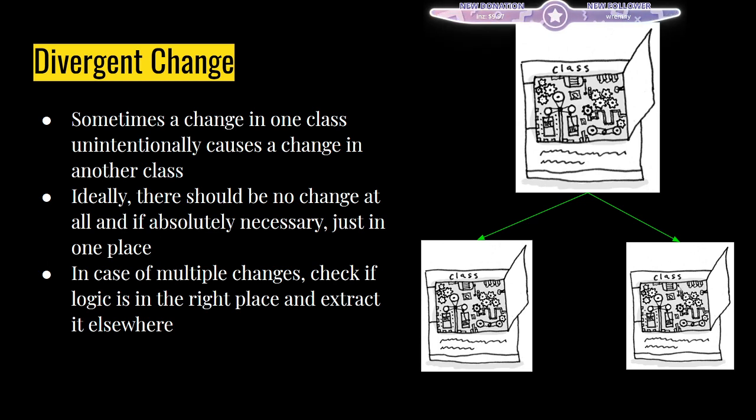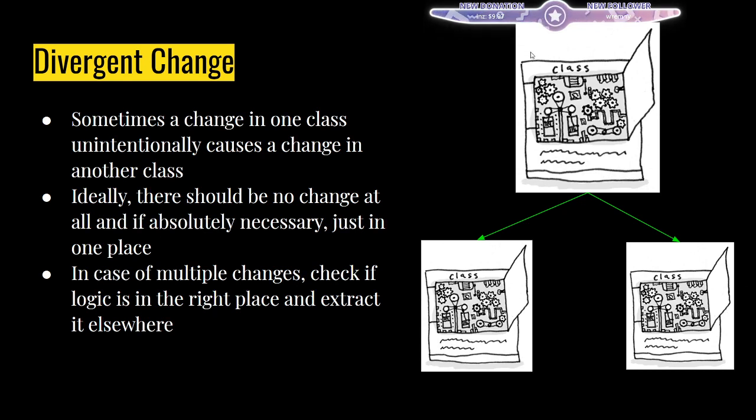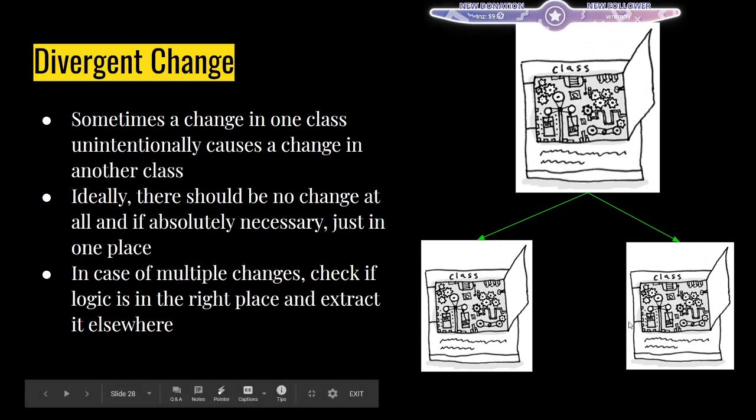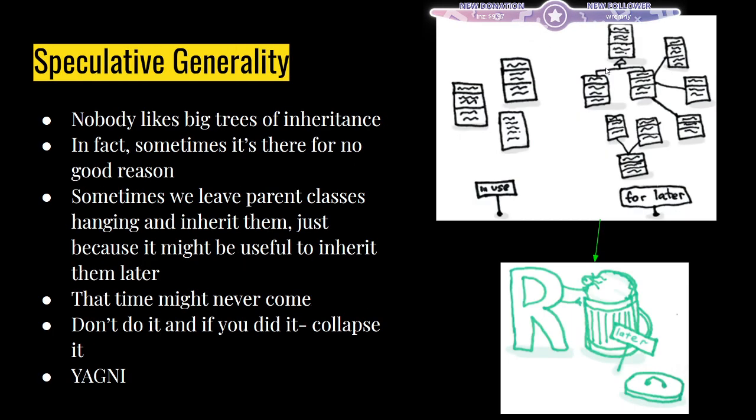So if A is not related to B and C is the place which contains A and B, it reduces the risk and it reduces the probability that A will break B or A will require B change, and also reduces the risk that either of those will require multiple changes in A, probably just one in C, sorry.